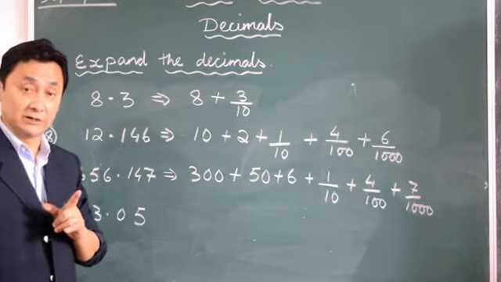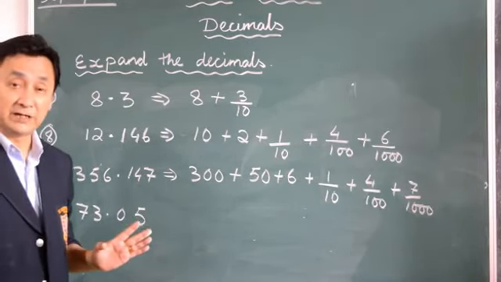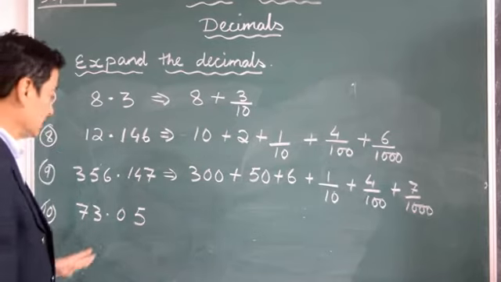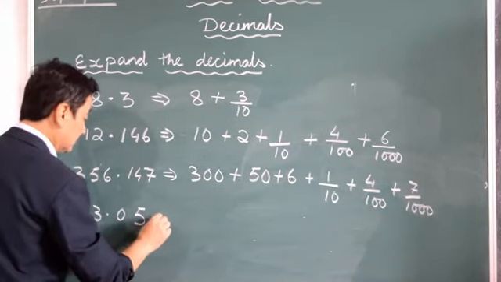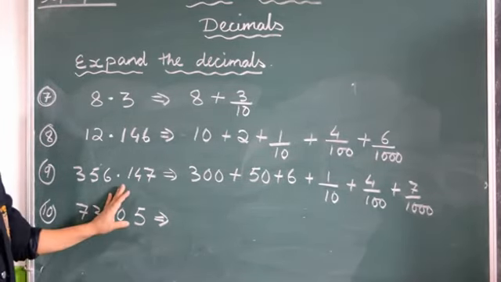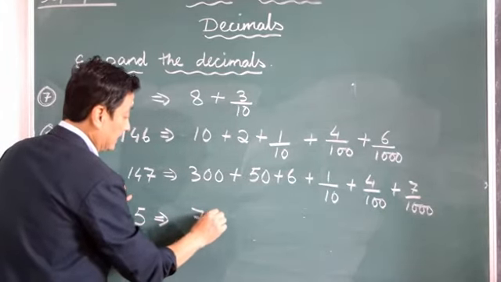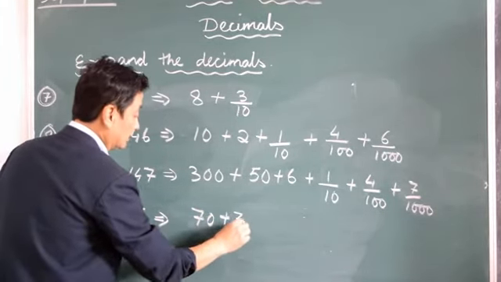But remember, dear children, the easier the sum, the less we practice and we make the most mistakes in that. So remember to pay attention. 73. How do you expand 73? 70 plus 3.